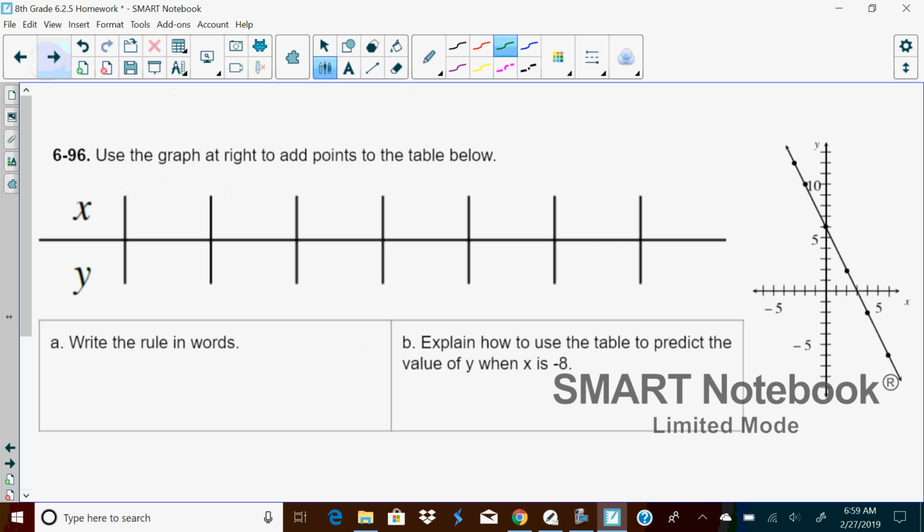Use the graph to add points to the table below. So I know that 0, 6 is one of my points. And then I know that 2, 2 is one of my points. -4, -2.